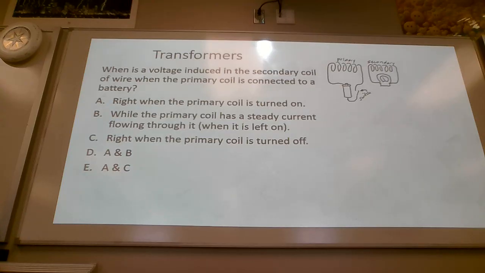Is it DC battery or AC battery? It's a DC battery. It's a battery. I don't think there's such a thing as an AC battery. Have a conversation.